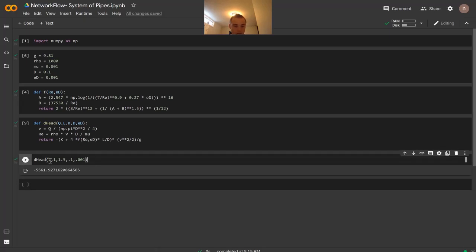This will be the delta head from the from node to the to node, so where the flow is coming from to where the flow is going. If our delta head's negative, we want our flow to be negative, and vice versa. So we can make our flow negative and check whether our delta head is positive, which it looks like it is not.